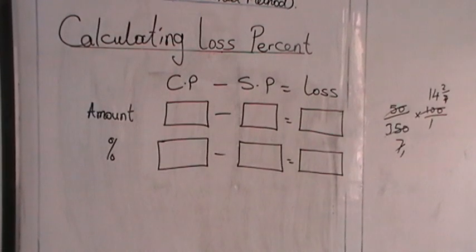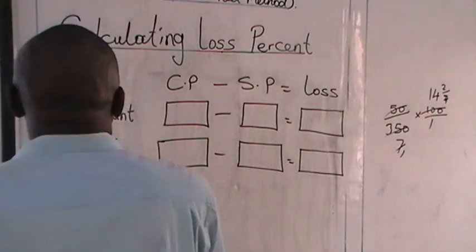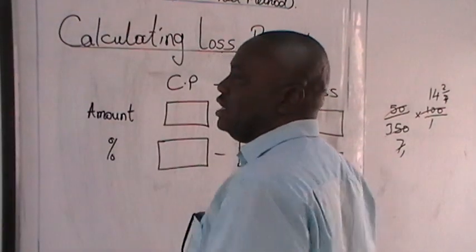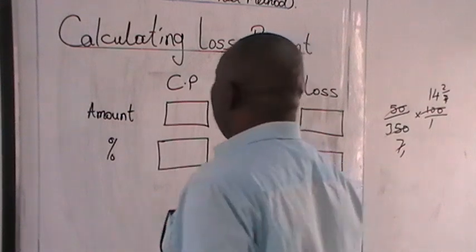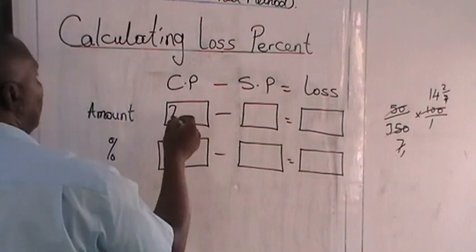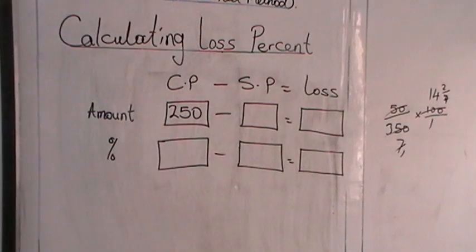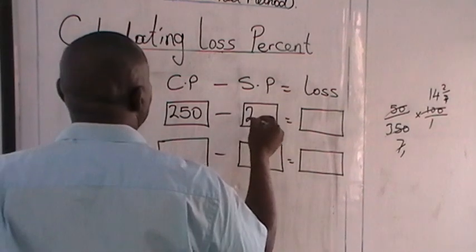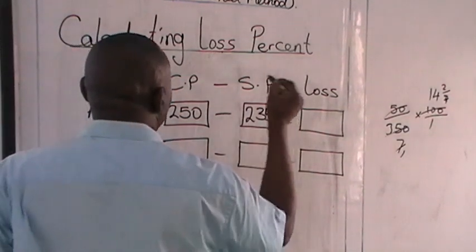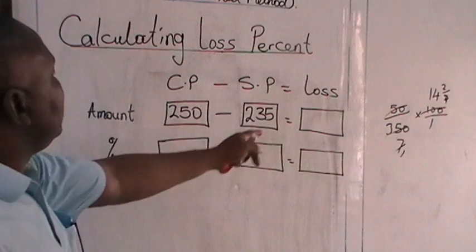And if that is the case, the cost price will come first before your selling price. Now, the amount for cost price is 250. So you have 250 here, and the selling price is 235.